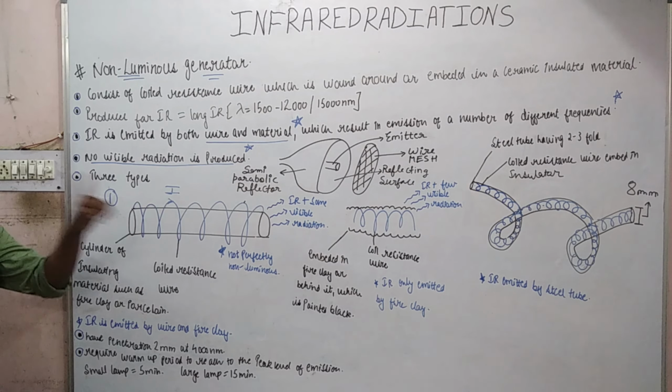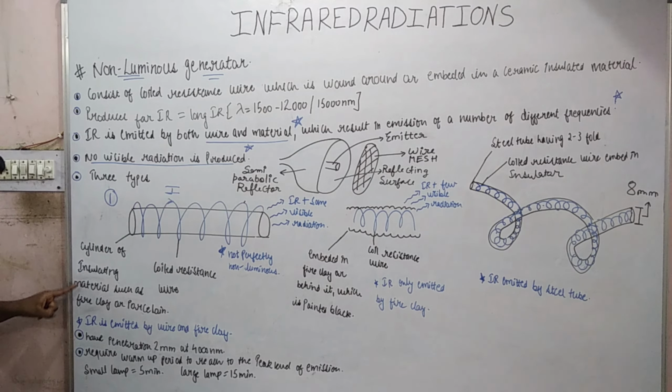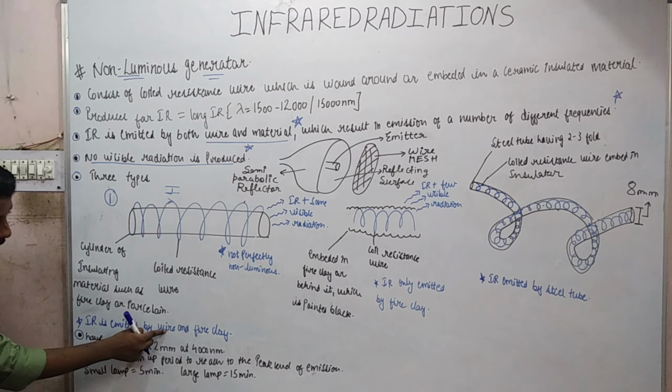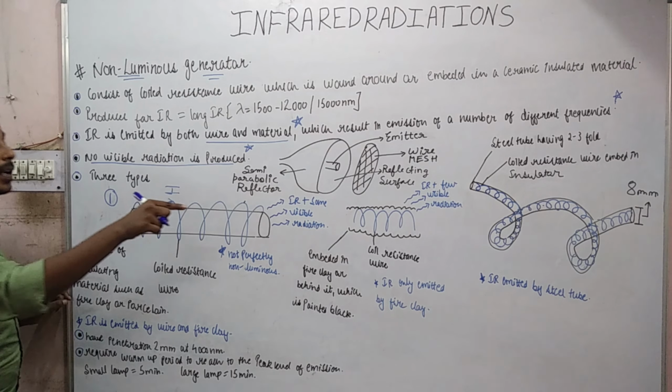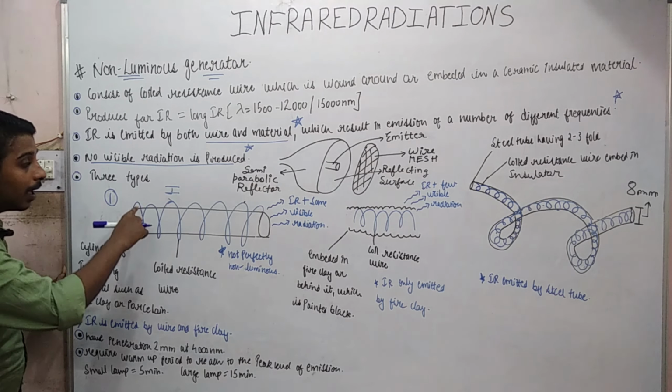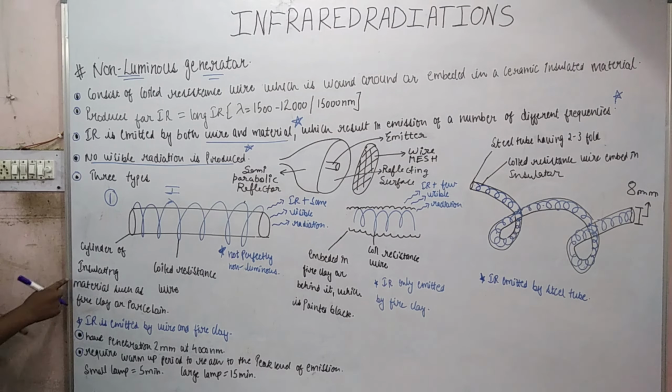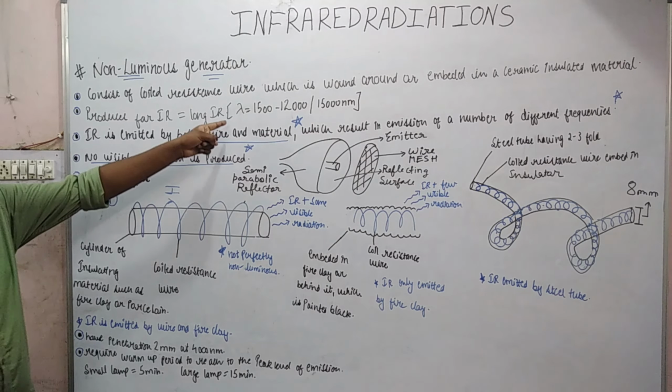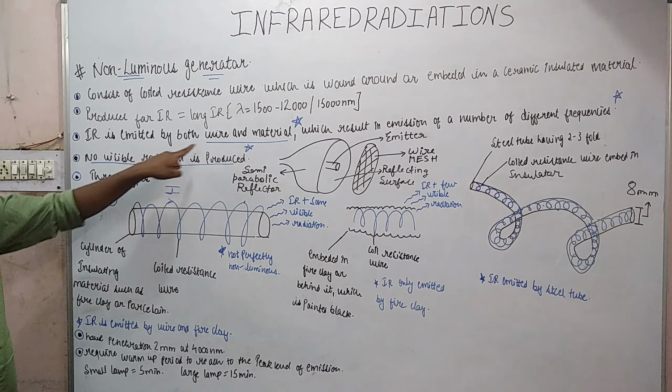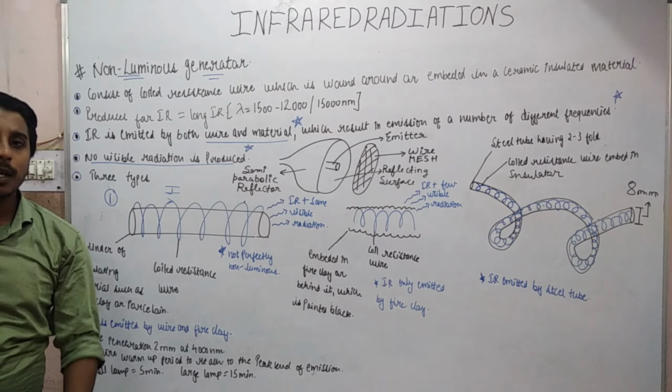Now as the wire is heated, there will also be heating in the fire clay or porcelain, and IR is emitted by the wire along with the fire clay. This blue wire is emitting, while the black insulating material, that is fire clay or porcelain, is also emitting IR, which proves that IR is emitted by both wire and material.